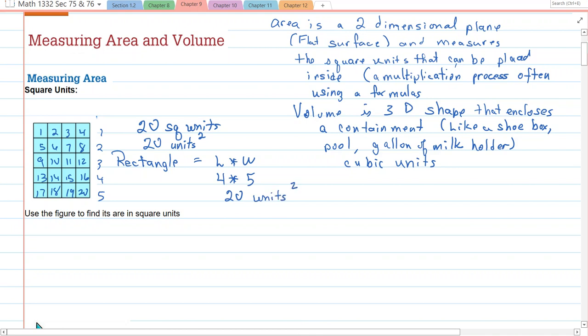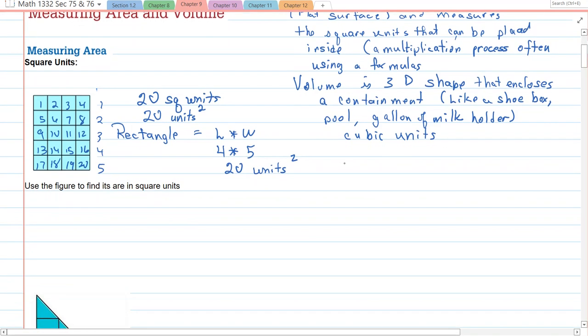Well, this is just an example of how area works. It's the inside measurement in square units.